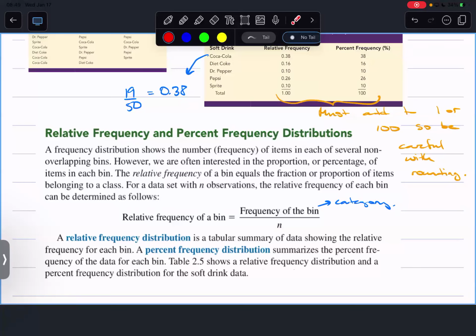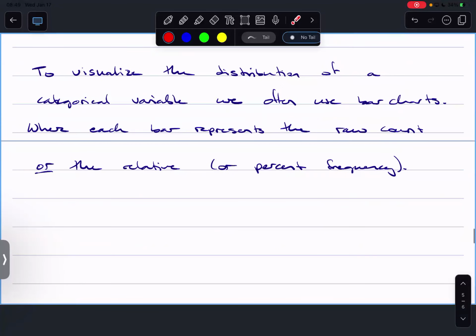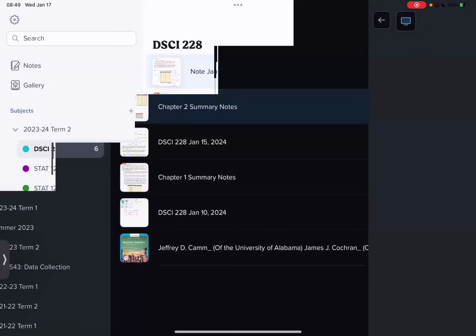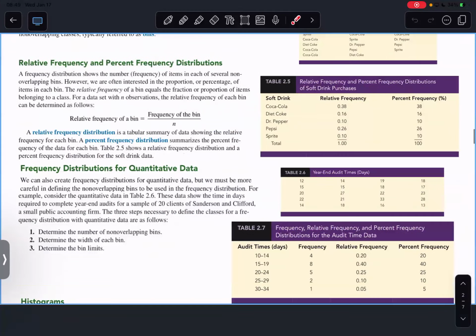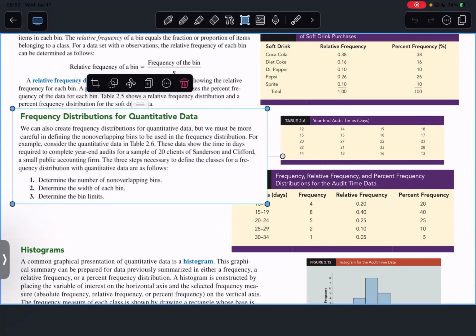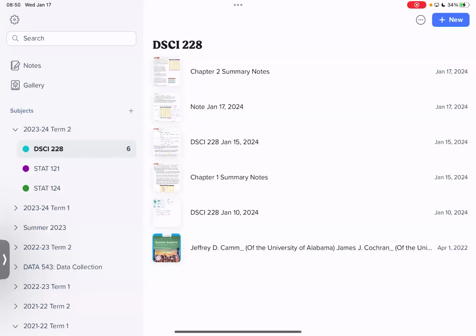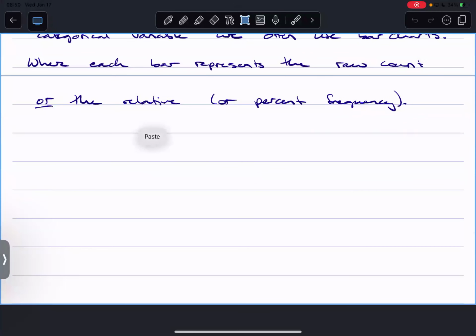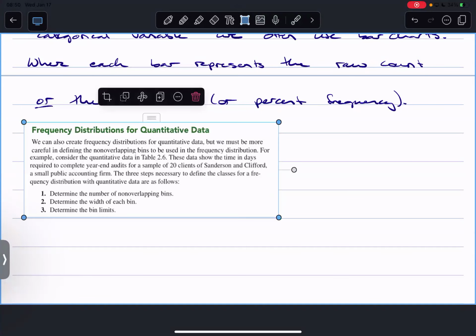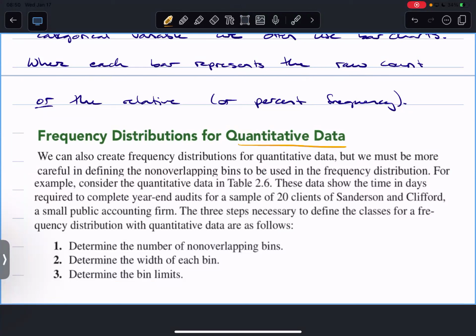Okay, so how about quantitative data? So now we're talking about quantitative data.